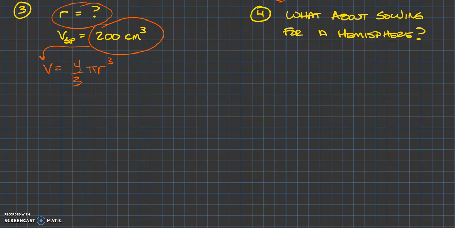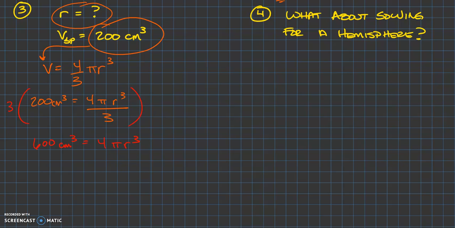And so now I have to substitute 200 cubic centimeters in for the volume, 4 pi r cubed, and put all of that over 3. And now the easiest way to solve this, in my opinion, is to multiply everything by 3. And so that's going to give me 600 cubic centimeters is equal to 4 pi r cubed.